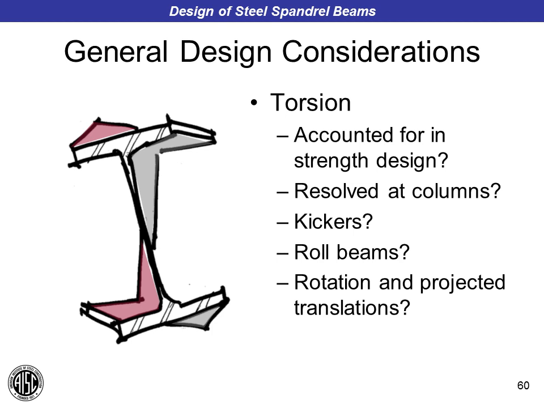Now, as I've mentioned a number of times today, a lot of the facade connections will impose twist or torsion on the spandrel beam. So how is that twist or torsion accounted for? Is it resolved at the columns? If you look at AISC Design Guide 9, there are essentially two approaches.